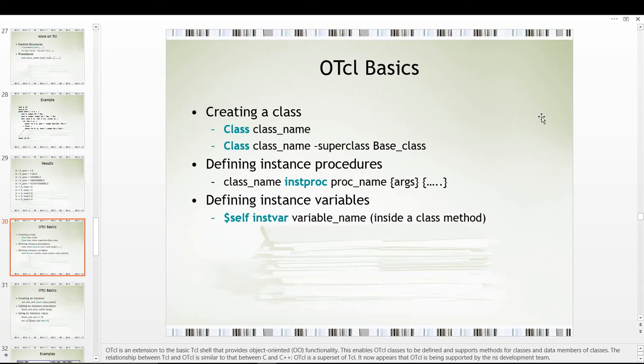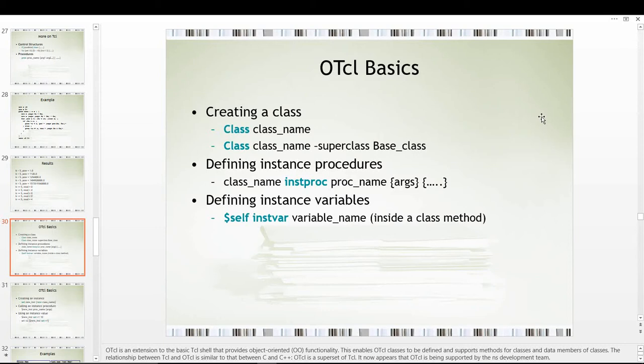Creating an instance. This is how you have to create an instance. Every TCL script will start with creating an instance, calling the instance, and using the instance value. Example of classes. You can create class mom with all these characteristics. Afterwards, you can create class kid.